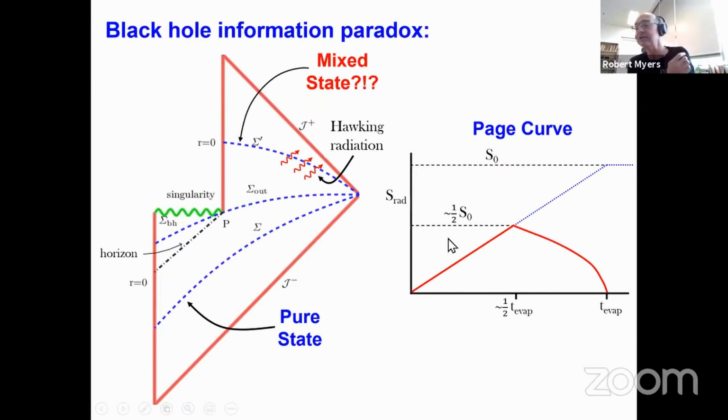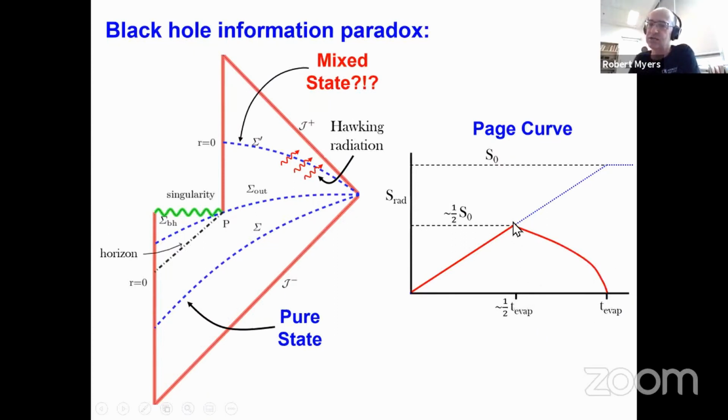And so in the case of a unitary scenario, that bound should cap off or limit how far the entropy of the radiation can go. And eventually it has to turn over and then start going down as the black hole shrinks down towards zero size, and in fact, it should hit zero again when the black hole has disappeared.